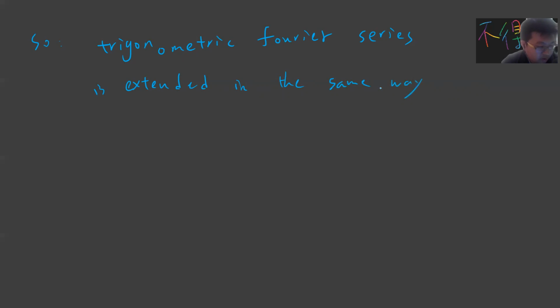So in chapter 8, I proved the trigonometric Fourier series. So the trigonometric Fourier series is extended in the same way to L squared, or maybe in some cases you can even say L2 on, let's say, negative pi to pi.